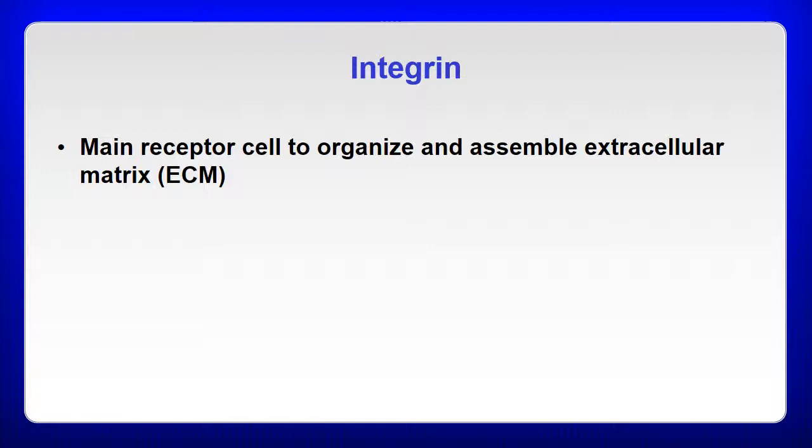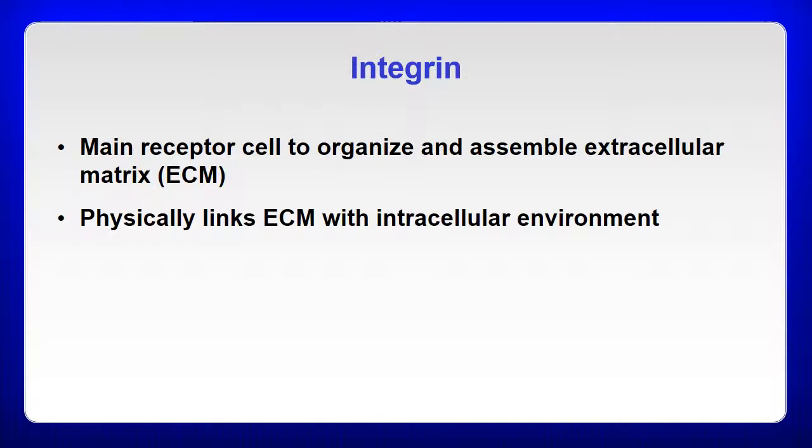So essentially, again, that extracellular matrix, which is going to support the cell, is going to be basically assembled and put together through signals that come through this integrin receptor. It also links the extracellular matrix with the intracellular environment.